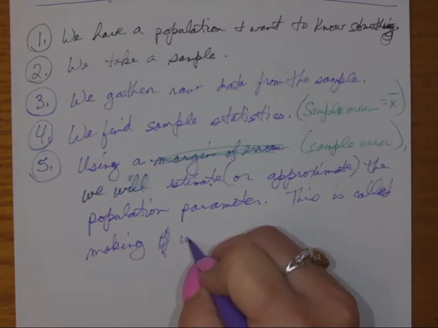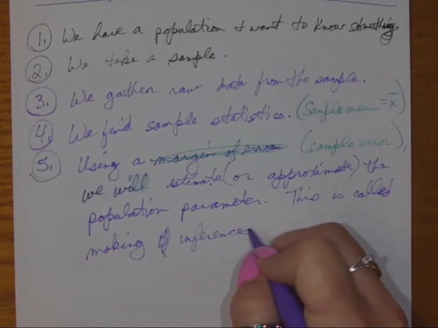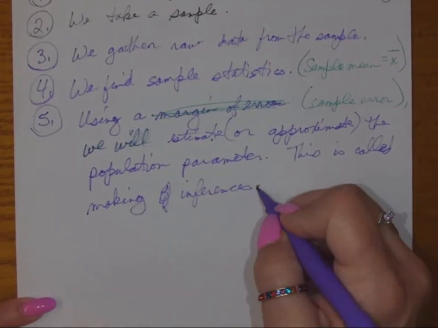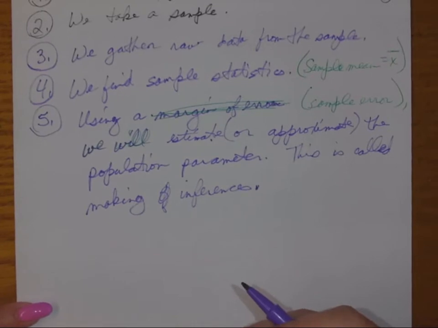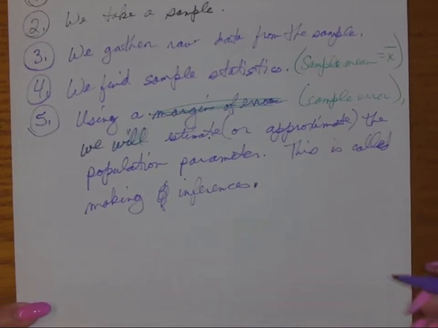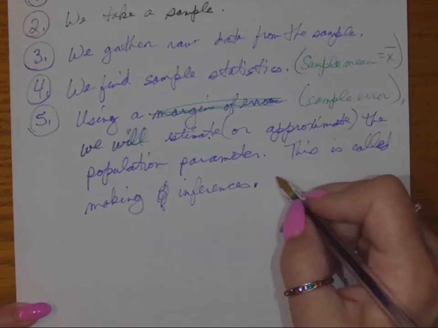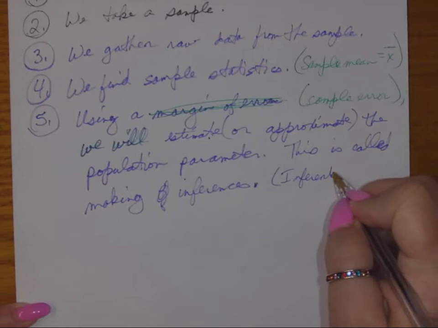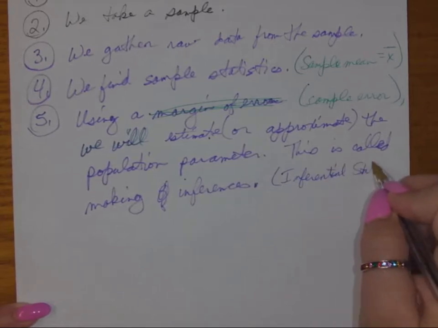Inferences. Okay, now an inference is kind of an educated guess, but we're using numbers to help us get there. So it's not just a guess, we're actually using the math to get there. So this is called inference, and in fact, you might see something called inferential statistics.